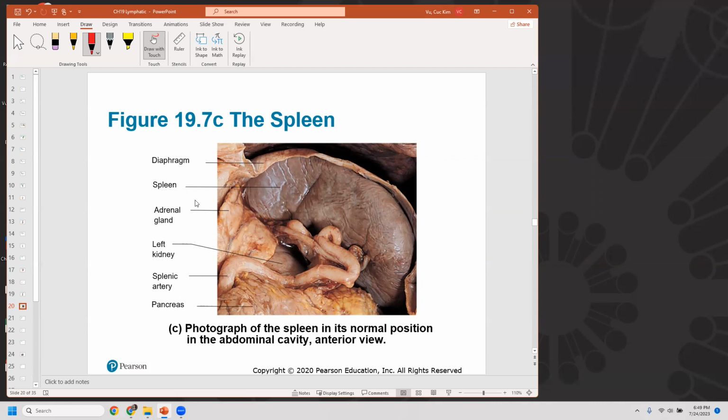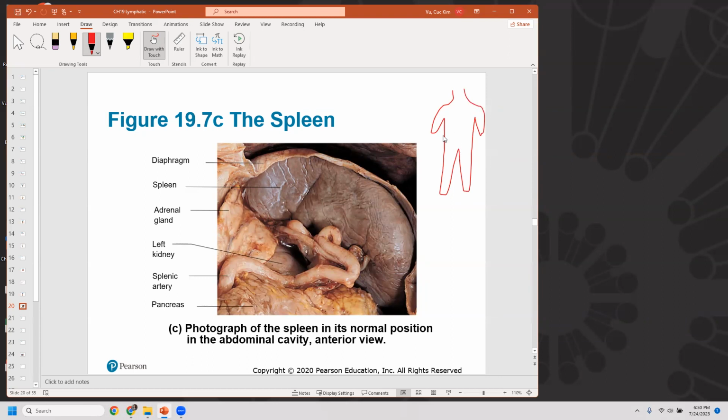Okay. So you can see here's a dissected human spleen, and where is it located? So in the body, where would you find the spleen? Isn't it upper left in the abdomen?